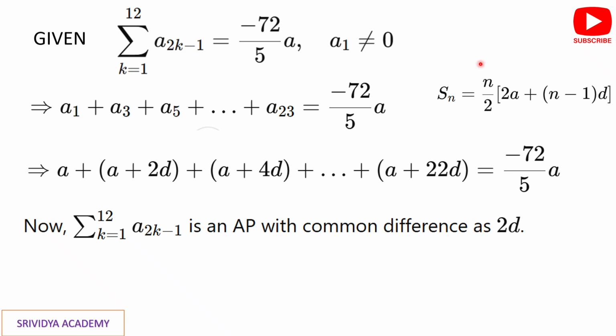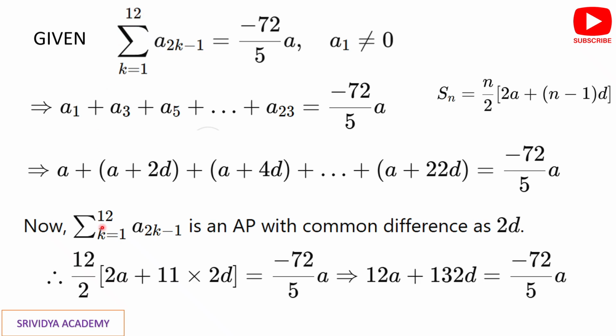Now let us apply the standard formula. When the first term is a and the common difference is d, then the sum to n terms is given by n/2 into (2a plus (n minus 1) into d). Here n is 12. Therefore, this left hand side becomes 12/2 into (2a plus (n minus 1) into d).